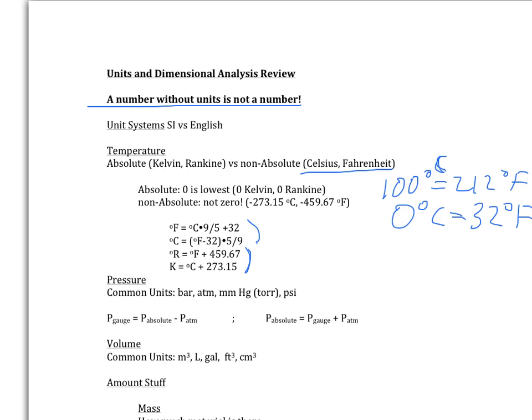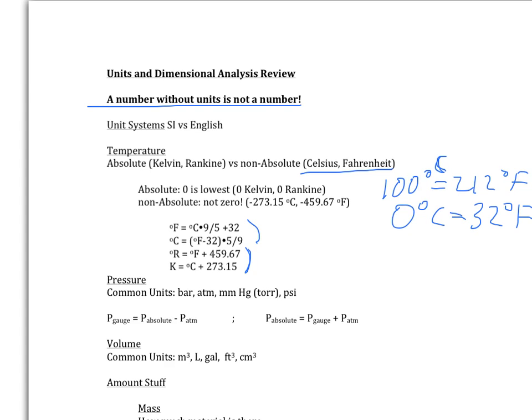If I have the temperature in Fahrenheit, I can just add 459.67 and I'll get degrees Rankine. It's impossible to have a negative value in the Rankine scale, same with the Kelvin scale. Oftentimes when we're dealing with energy and thermodynamics, we need our temperatures in the absolute scale, Kelvin or Rankine, in order to do our calculations.